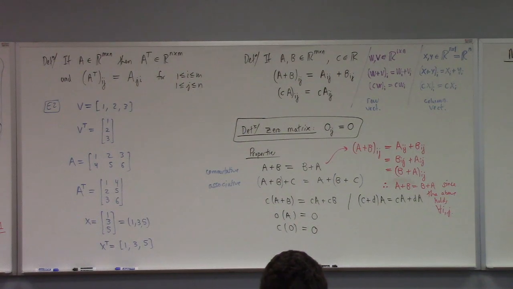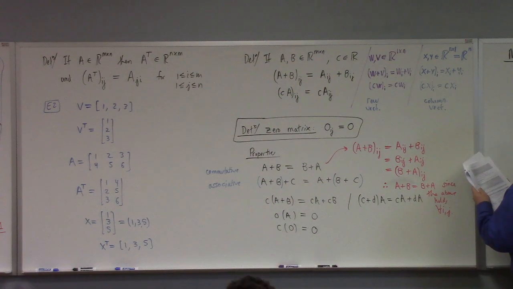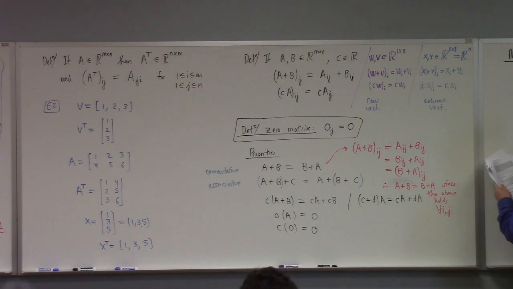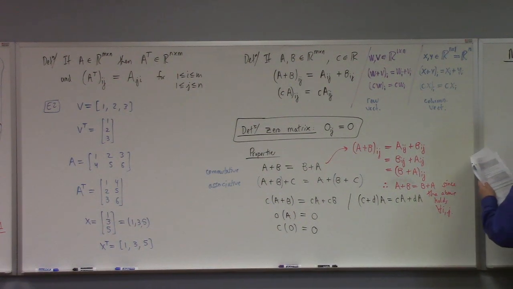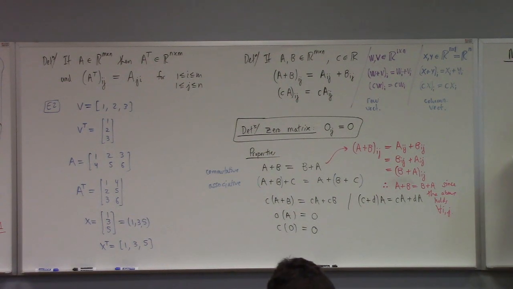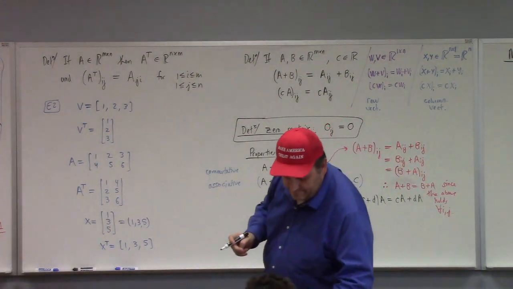Then the product AB is an element of R^(m by p) and is defined by (AB)_ij equals the sum from k equals 1 to n of A_ik B_kj.